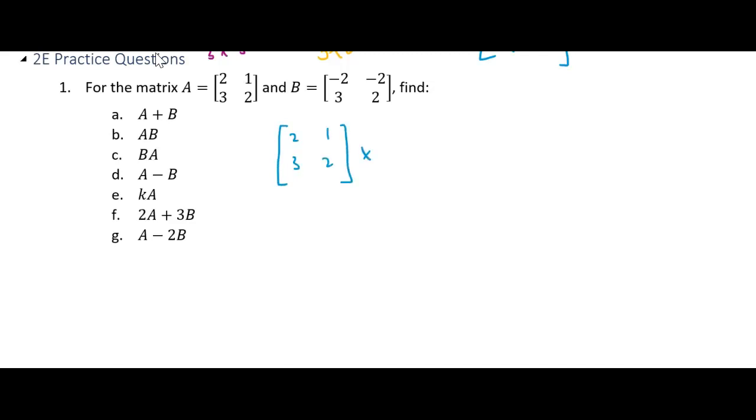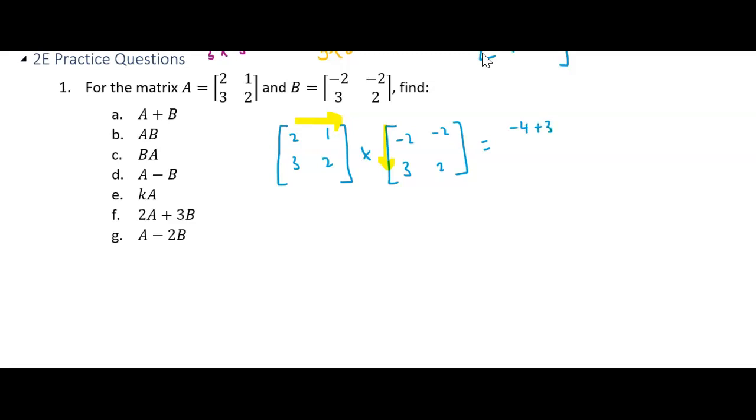All right, so there's matrix A. Let's multiply it by matrix B. All right, so remember, row first times the column. And then we do that row by that column, second column. All right, so 2 times -2 is -4. 1 times 3 is 3.